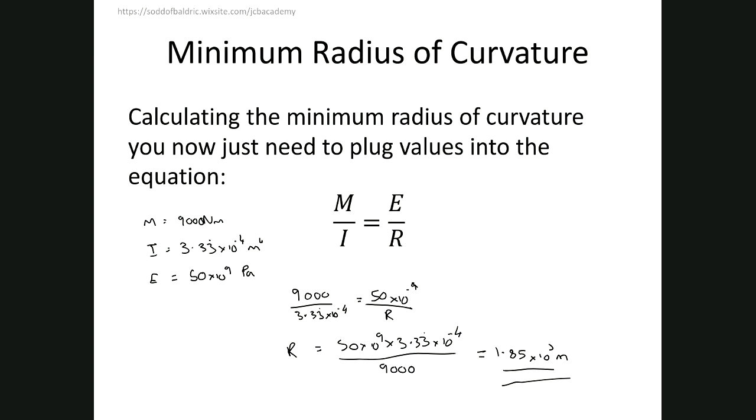Now for the merit task on this, what you're going to be asked to do is look at how changing the size of your bar affects the radius of curvature.